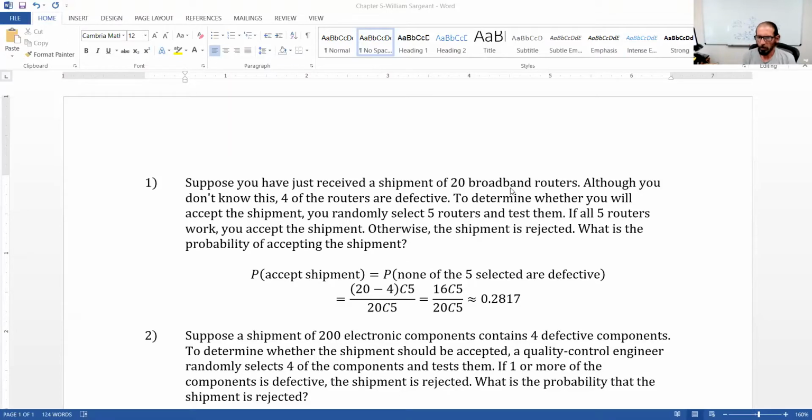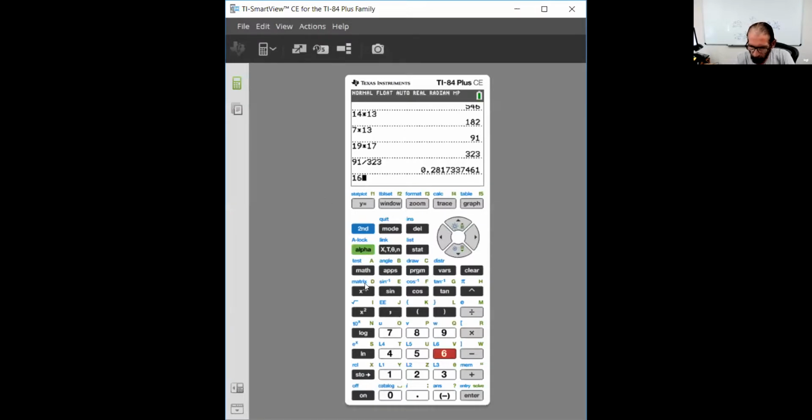Now let's see if we can get the same by using the TI-84's combinations command, the NCR. So we were looking for 16C5 over 20C5. 16C5, press the math key and go over to the PROB, or some of you may have older calculators, may just be PRB, short for probability.